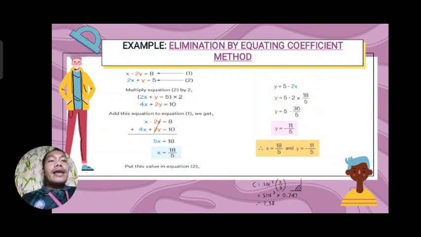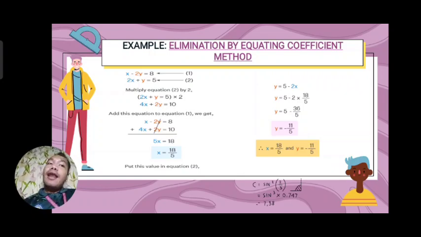So y is equal to 5 minus 2 times 18 over 5. Here we will multiply. Negative 2 times 18 is equal to 36, and the denominator 5 remains. And then we will subtract 5 minus 36 over 5.